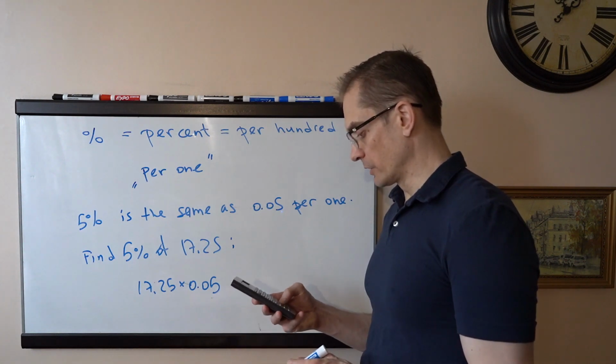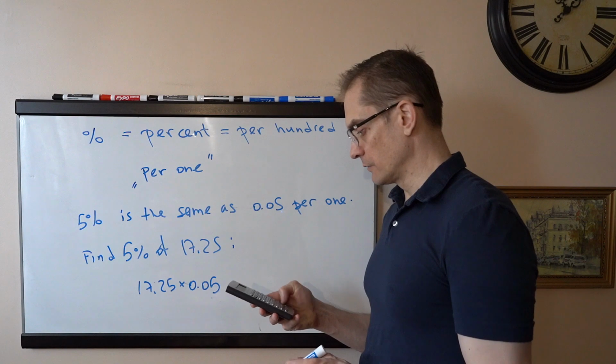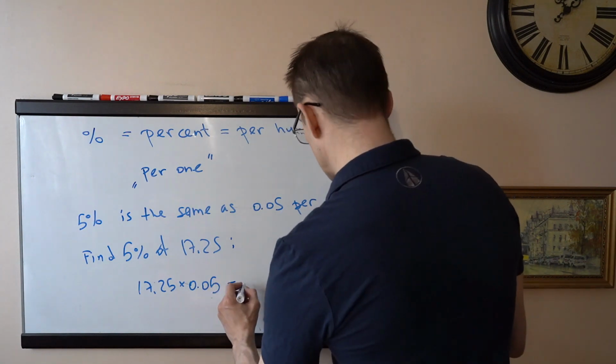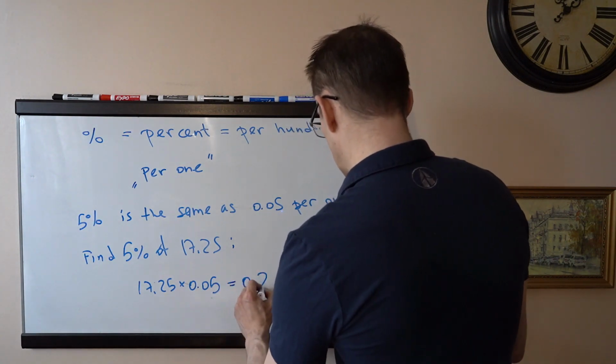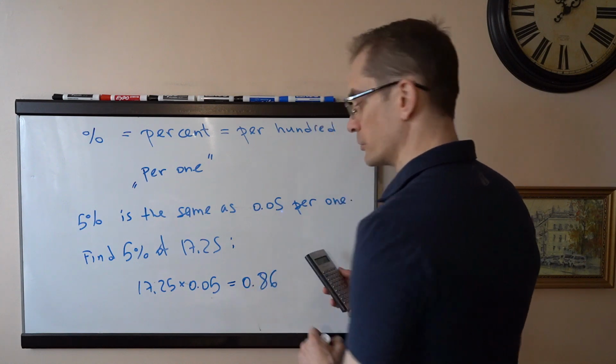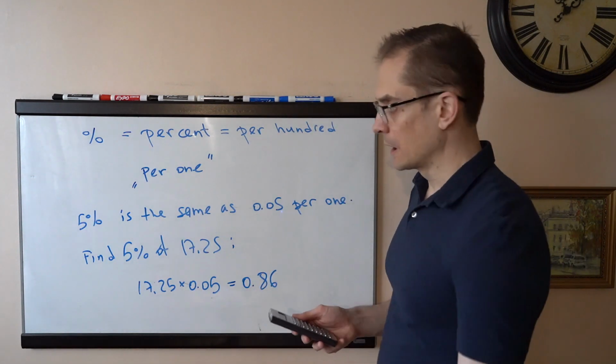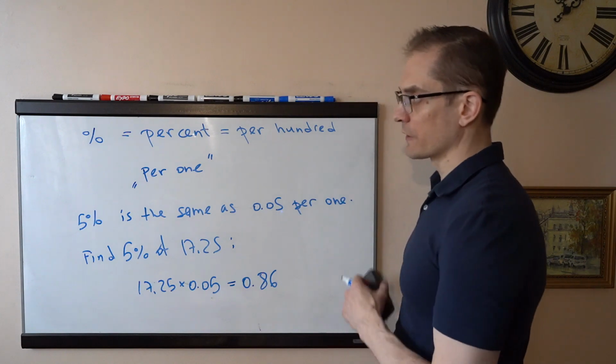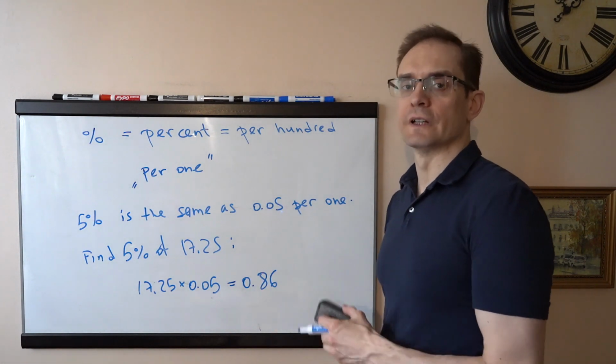So 17.25 times 0.05. The answer in this case would be 0.86, rounded to 2 decimals. That's the first building block, the understanding of the notion of percent.